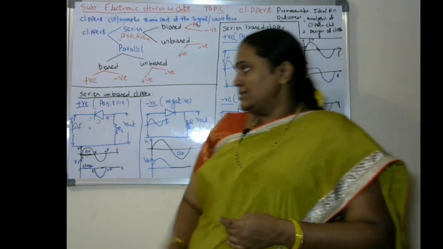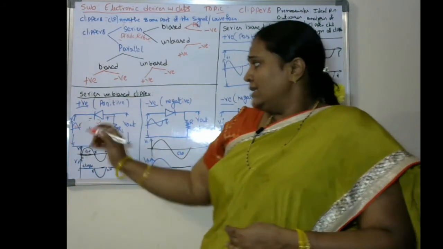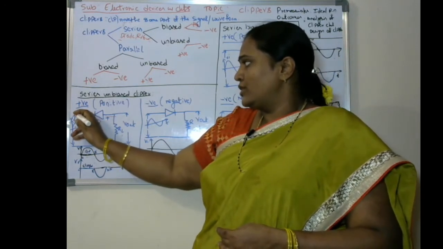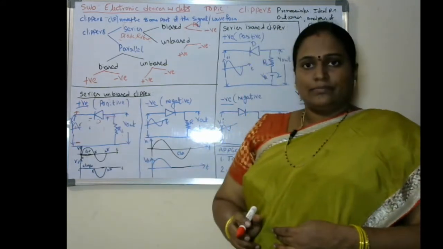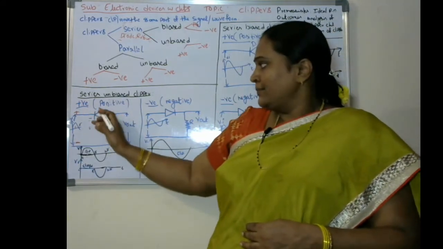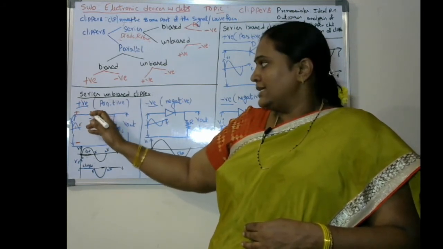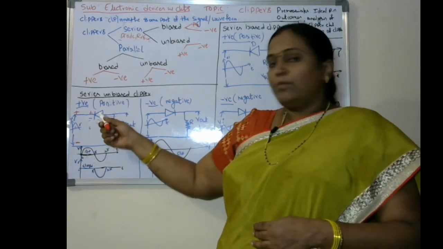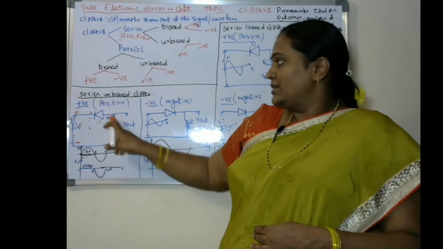In this case, for the positive half of the signal, Vi is positive, so the input voltage here goes positive and here it goes negative. So indirectly the N type of the PN junction diode is connected to positive and the P type of the PN junction diode is connected to negative.